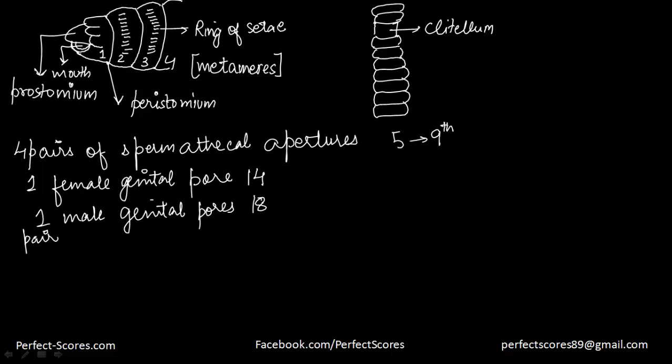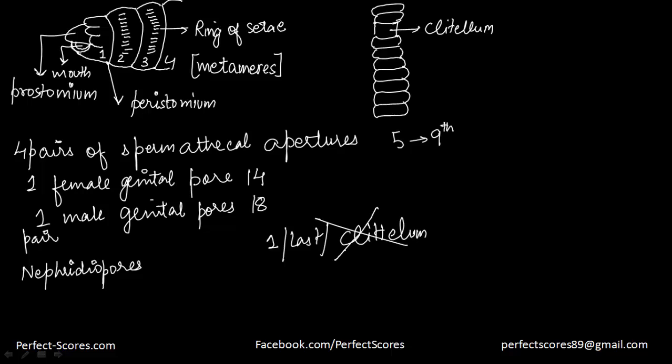And there are lots of other minute pores called nephridiopores. Now these nephridiopores open out on the surface of the body, in each body segment except the first, last, and the clitellum.